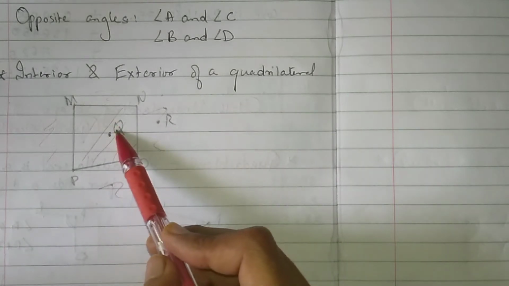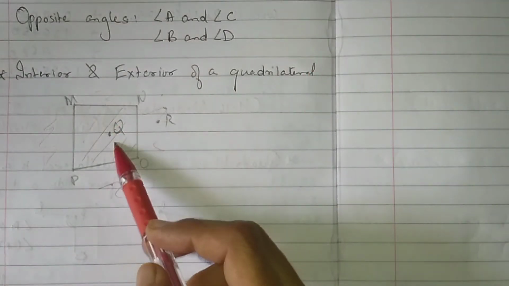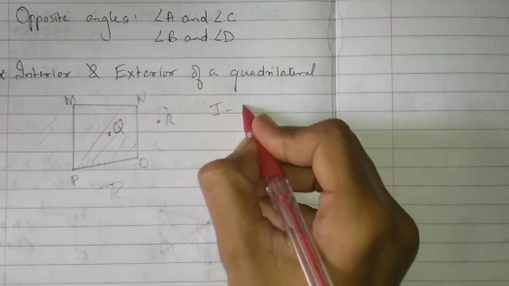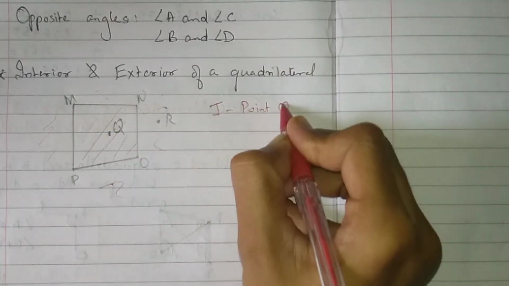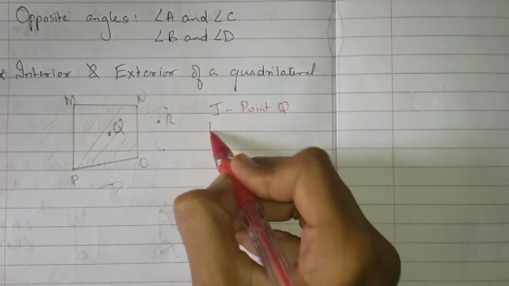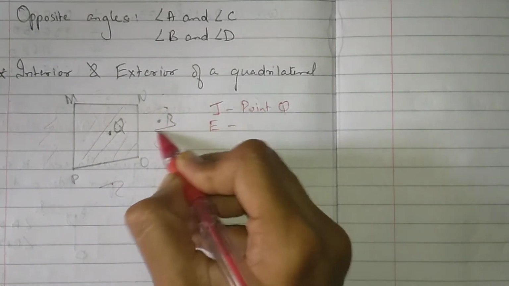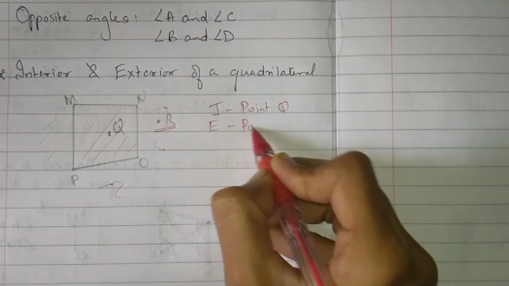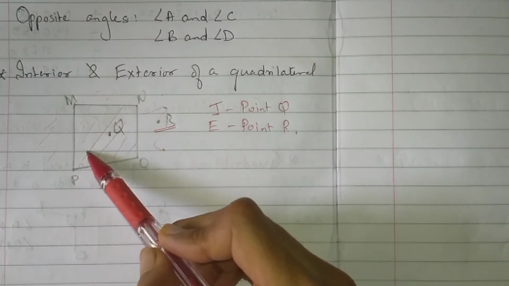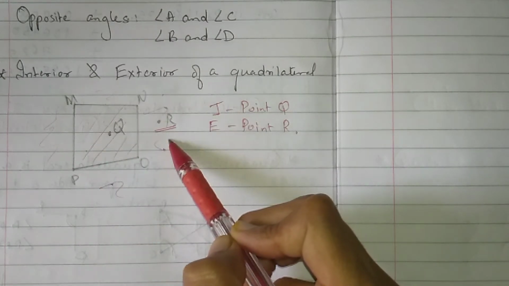Now, which point is in the interior of the quadrilateral? Point Q. And which point is in the exterior of the quadrilateral? This one, point R. This is called interior and this is called exterior.